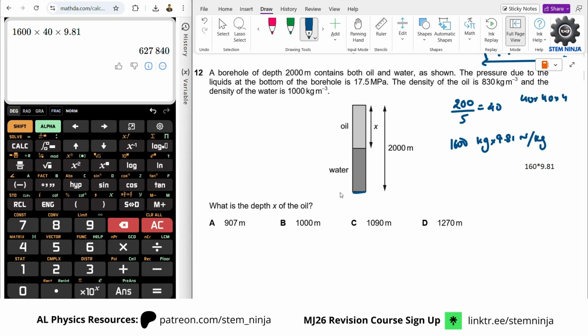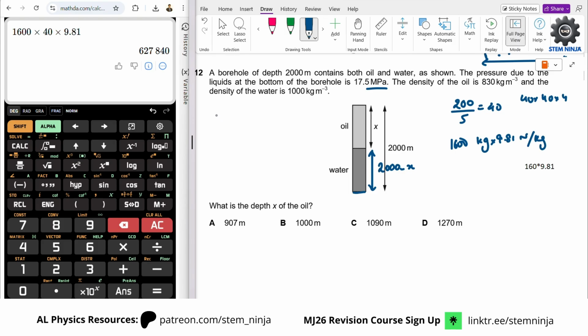So basically we need to figure out the volume of oil. So we have the depth x, and the depth of water would be 2000 minus x. And this is at the bottom.